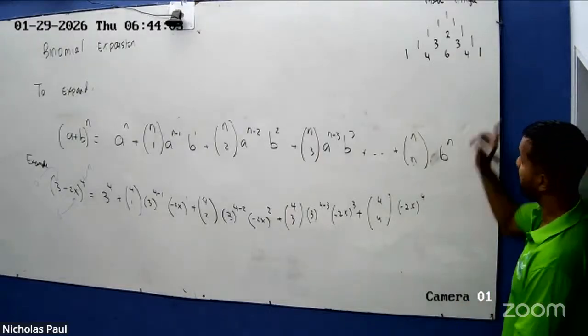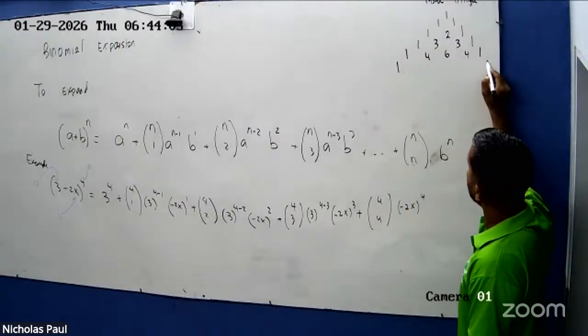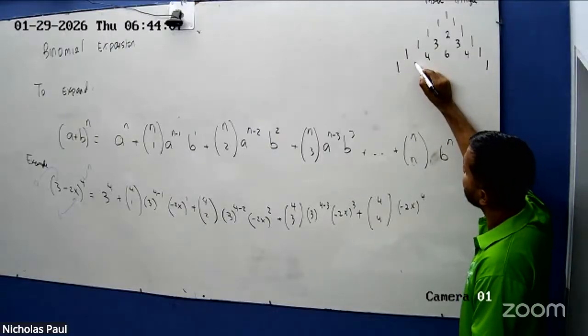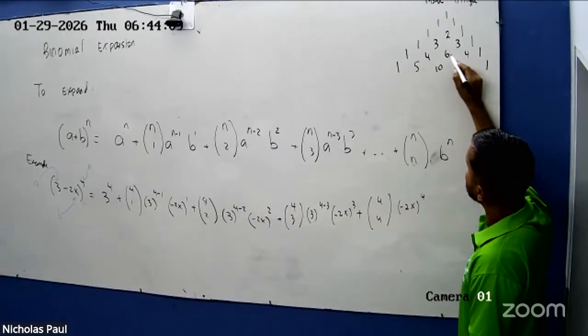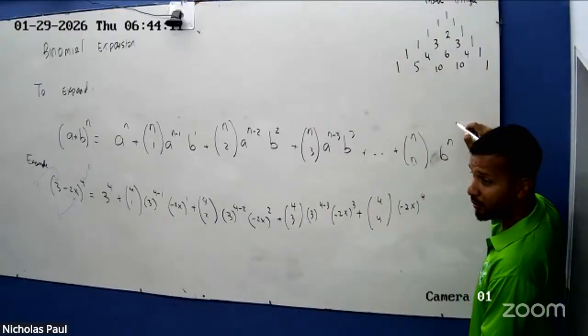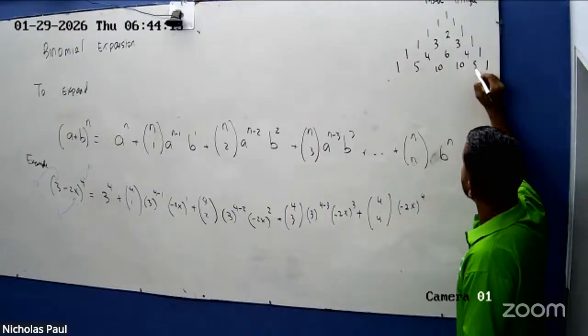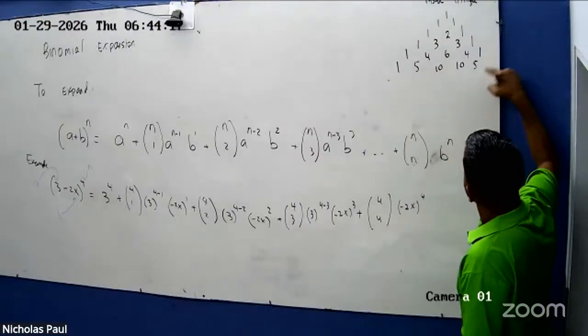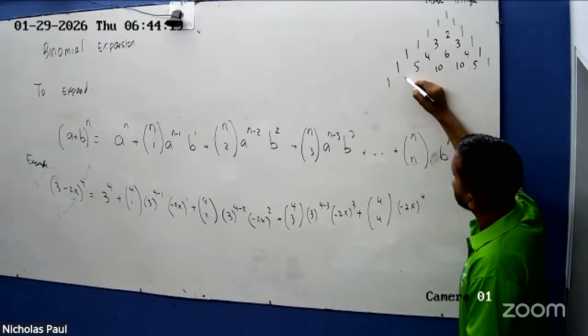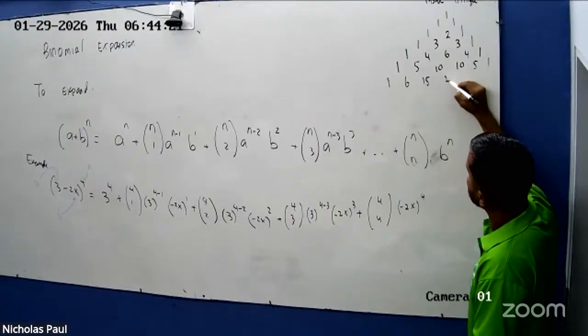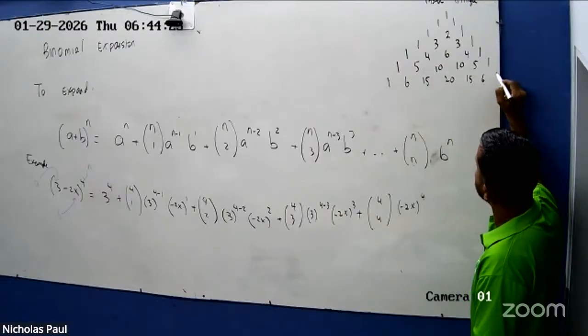Let's do one more row. 1, 1. What goes in here? 5. What goes in here? 10. And 5 again. Let's do one more: 1, 6, 15, 20, 15, 6.